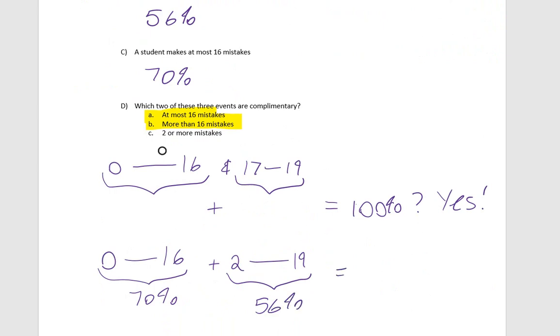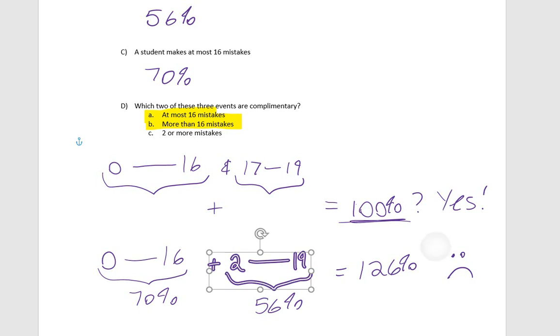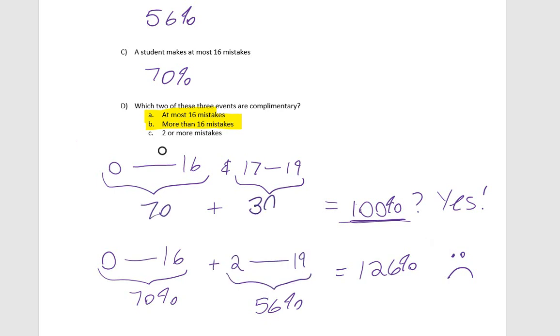When we put those 2 together, we get 126%, which does not give us 100%, it gives us more. So those would not be complements, just as B and C would not be complements either. So for 2 things to be complements, when you add them up together, you need to get exactly 100%.